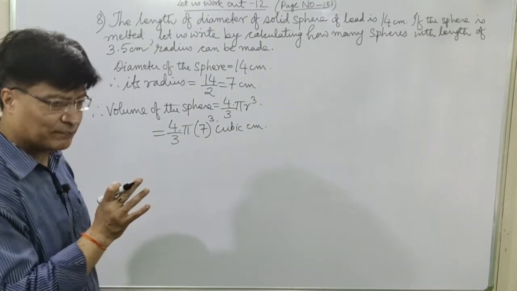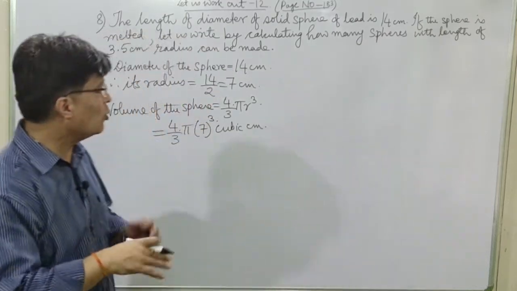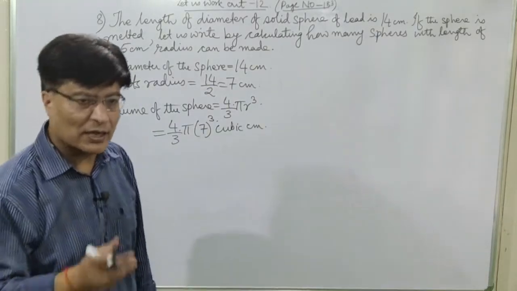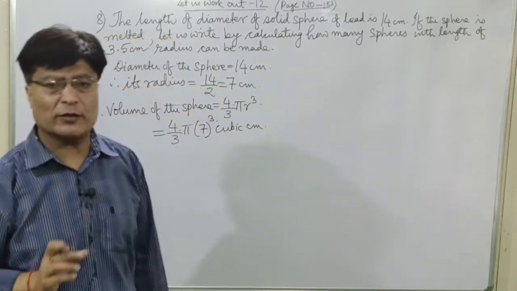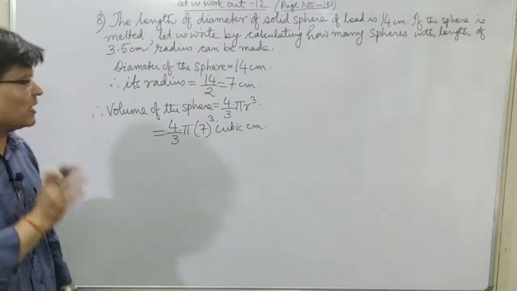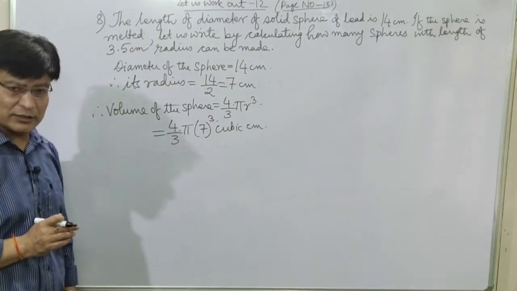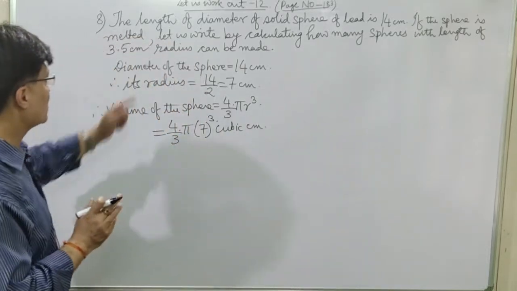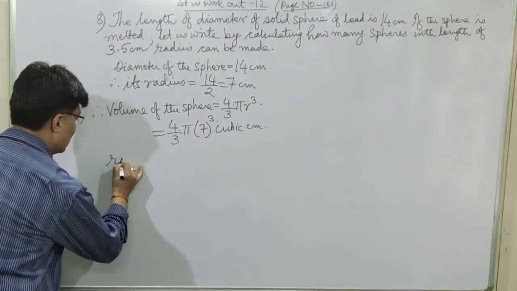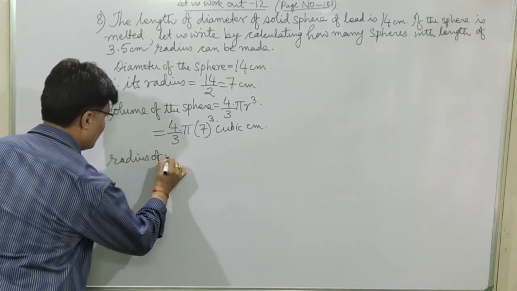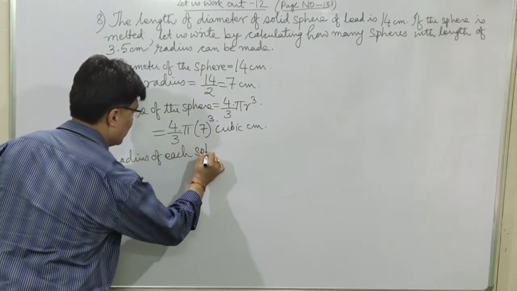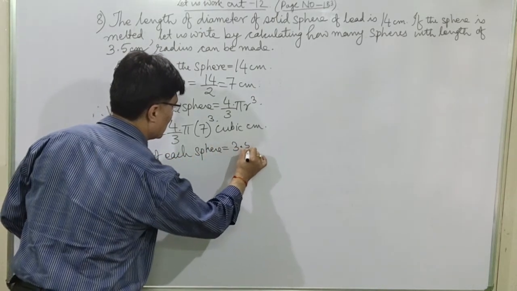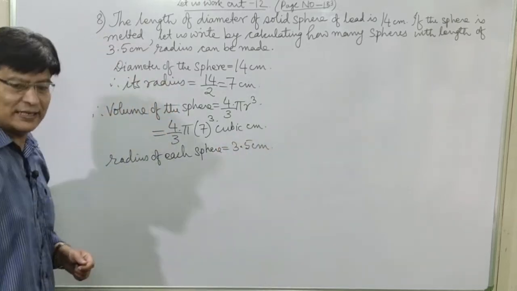So if the sphere is melted, then how many spheres with length of 3.5 centimeter radius can be made? अब के गर्यो त्यो स्फियरलाई गलाएर चाहिँ सानसानो स्फियरहरु बनायो जुन चाहिँ स्फियरको चाहिँ प्रत्येकको रेडियस चाहिँ कति रहेछ 3.5 सेन्टिमिटर। सो रेडियस अफ इच स्फियर is equal to 3.5 centimeter.